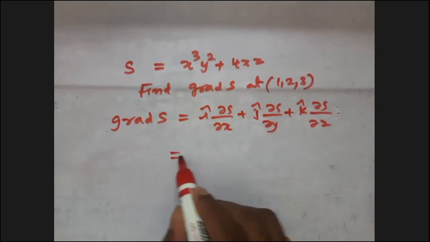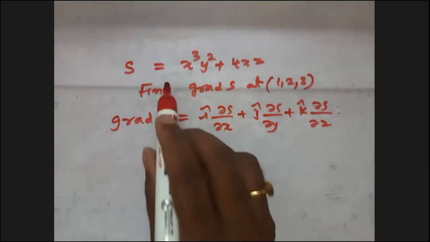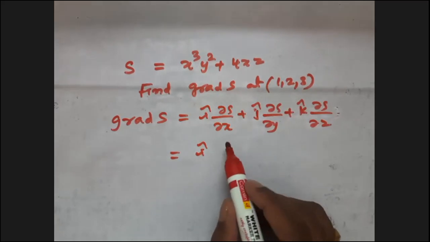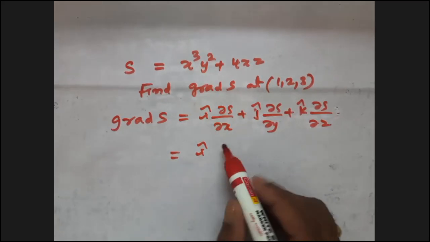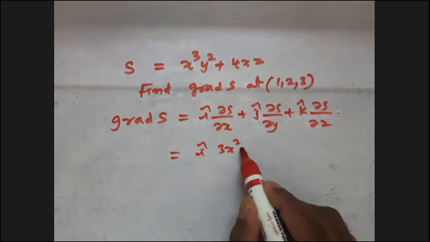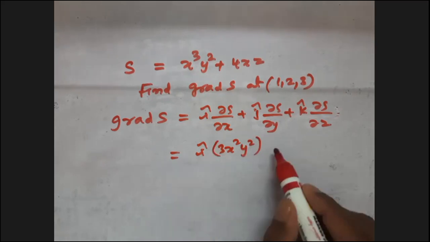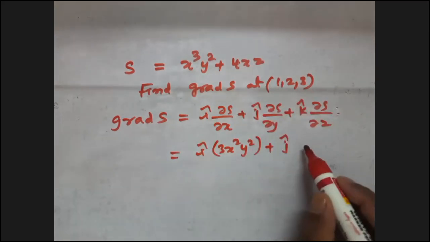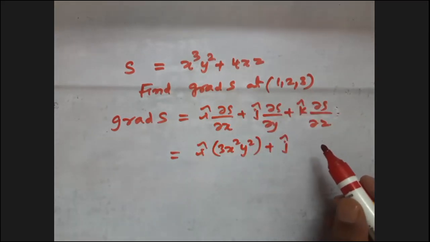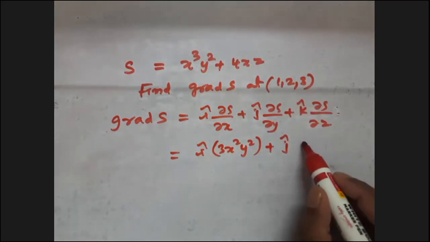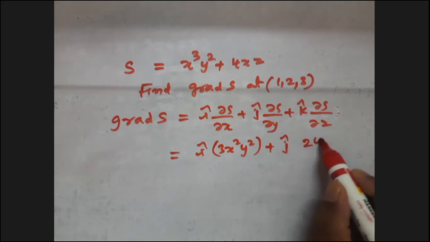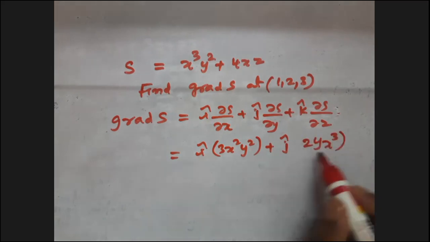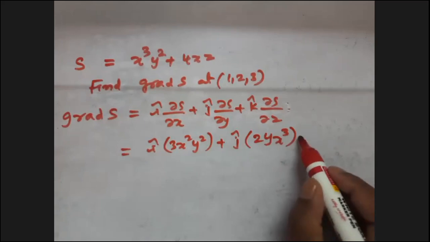Equal to i cap dou by dou x of that. With respect to x, partial differentiation, we get 3x square y square because y is constant, plus j cap into dou by dou y of that, where x cube is constant, y square differentiation gives 2y, so you will get 2y x cube.